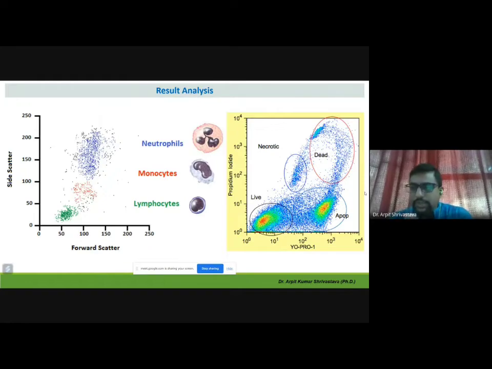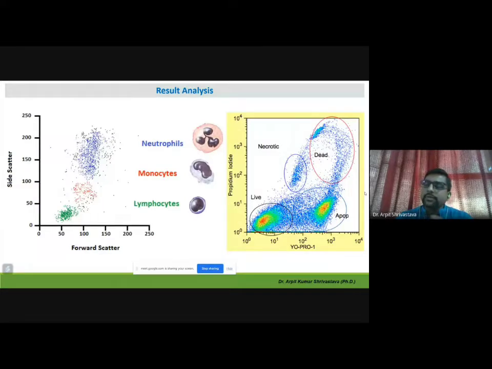Similarly, the second picture is not actually a replication, it is another picture. Why have I shown this picture here? Because we can also do analysis of cell viability. If you do the assay using dead cells, live cells, necrotic cells, apoptotic cells, you will find a result similar to this. Dead cells will come in one quadrant, necrotic cells in the next quadrant, apoptotic cells in one quadrant, and live cells in this quadrant.